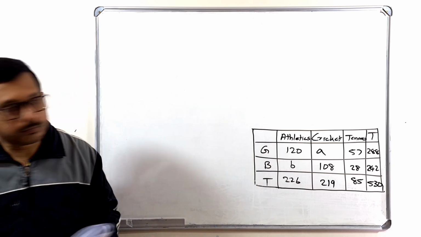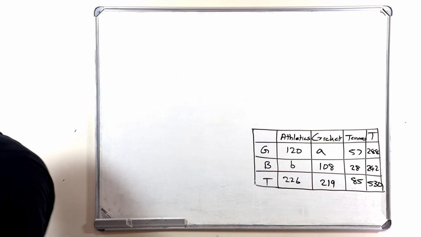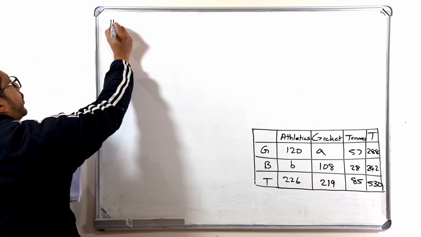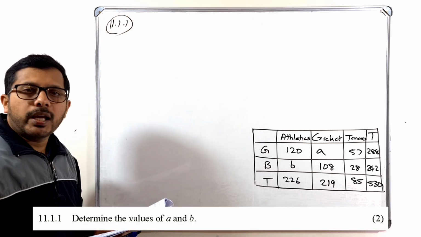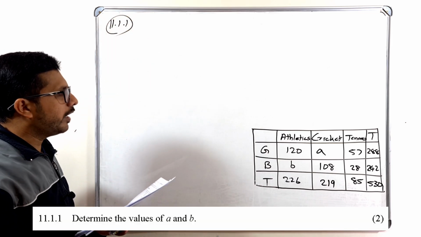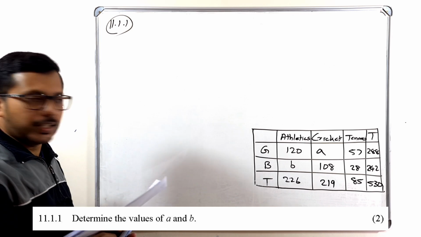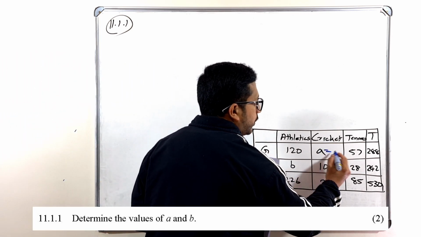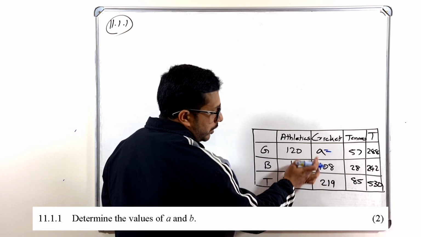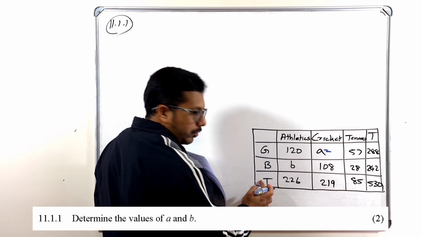11.1.1. Determine the values of A and B. This is not a grade 1 or grade 2 question. So how can you find this A? When you add these two, you are supposed to get this one. This is the total, am I right?